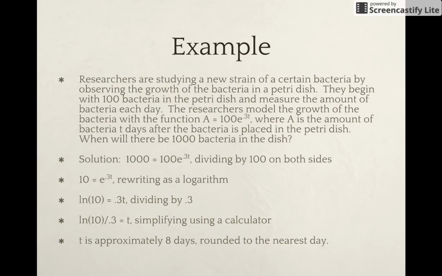Let's consider another scenario. Researchers are studying a new strain of a certain bacteria by observing the growth of the bacteria in a petri dish. They begin with 100 bacteria in the petri dish and measure the amount of bacteria each day. The researchers model the growth of the bacteria with the function A equals 100 e to the 0.3t, where A represents the amount of bacteria t days after the bacteria is placed in the petri dish.